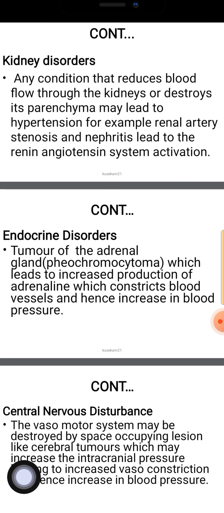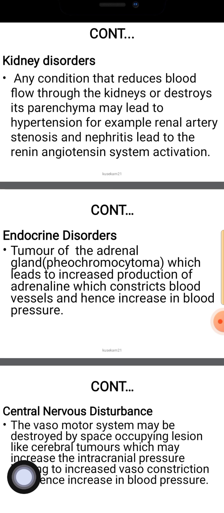Then there will be conversion of angiotensin 1 into angiotensin 2, until these vessels become constricted and lead someone to have what? High blood pressure. So here they are saying any condition that reduces blood flow through the kidneys or destroys its parenchyma may lead to hypertension.